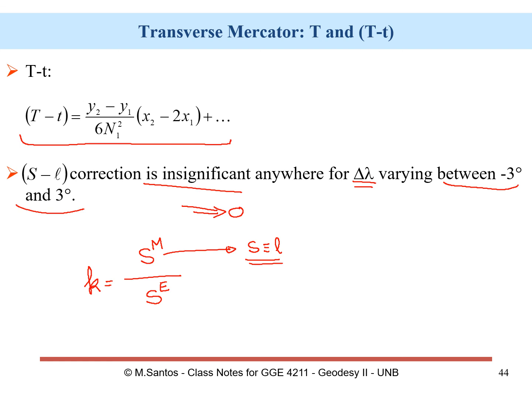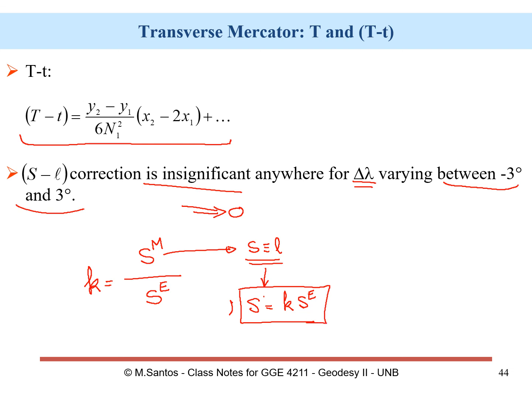This is the projected, this is the distance on the ellipsoid, this is the distance that we use in the computations, in such a way that this X here equals K times S when we do the linear transformation.